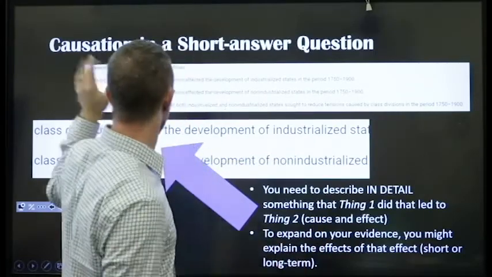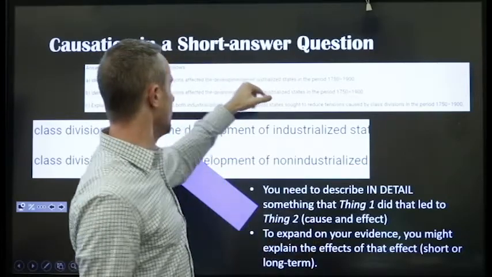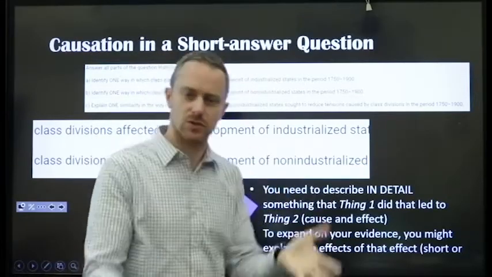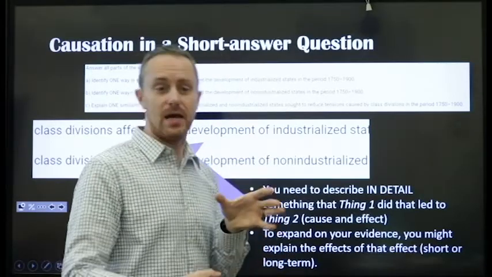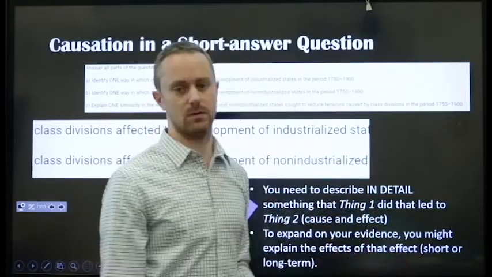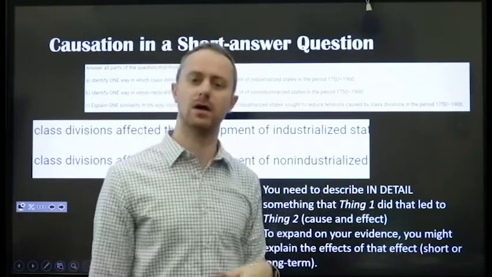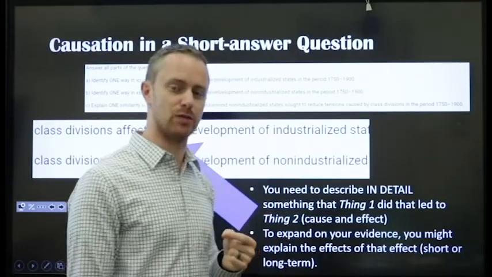So in other words, we have this class divisions affected the development of industrial state X, okay? And they did so by doing this, all right? So here's how it happened. And as a result of this effect, this happened. It's an effect of an effect, basically. Forgive me for getting you tongue-tied, but people, this is just one way to get that expansion point.